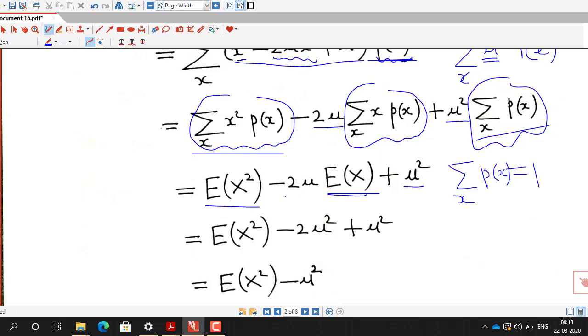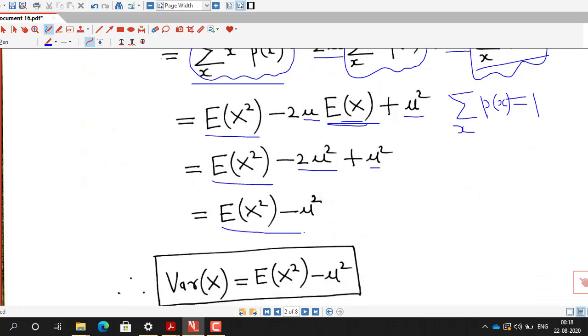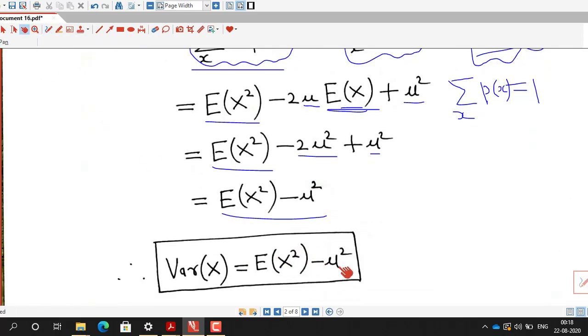So it is going to be minus 2 mu square. This is as it is. This is mu, so mu into mu, that is mu square, and plus mu square. So finally we obtain this formula for variance of capital X. It is expected value of square of random variable minus square of mean of random variable: expected value of x square minus mu square.